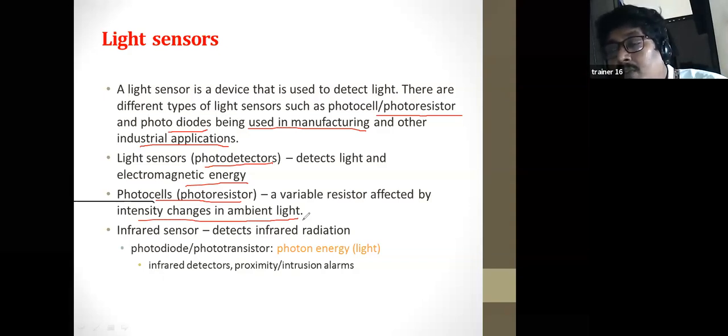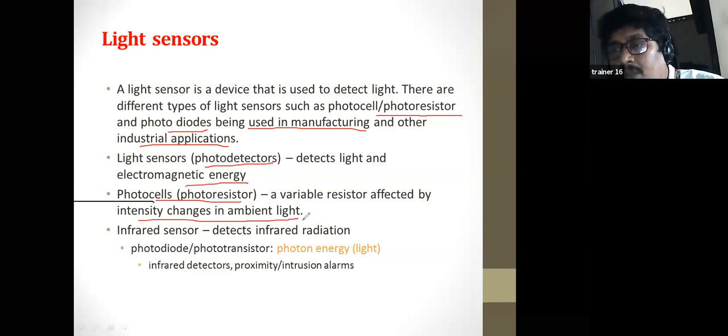For example, when you wear a black shirt and go outside when the sun is rising, the black absorbs much more heat and it becomes very hot. Like this, depending upon the material, there will be a change in the resistance.